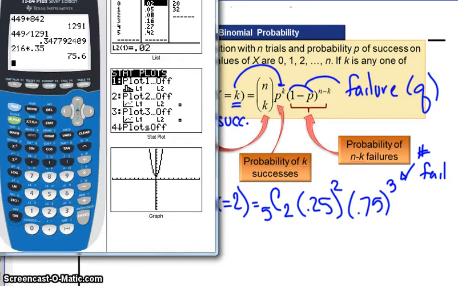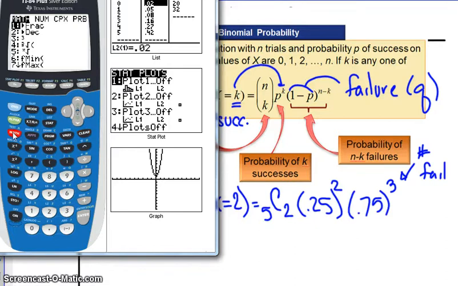Now, with your calculator, we don't necessarily have to go through and use the formula to get my combinations. If I go math over to probability, you'll see the nCr, number 3. Now, to do this, we first have to enter how many we're choosing from, and then we can go math over to probability. Oops, I need number 3, sorry.